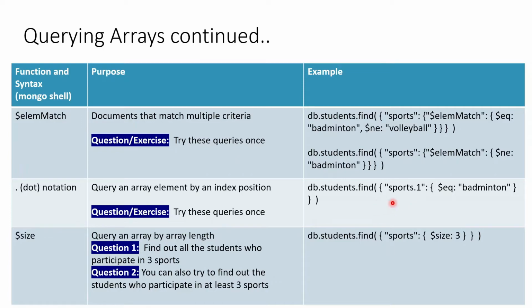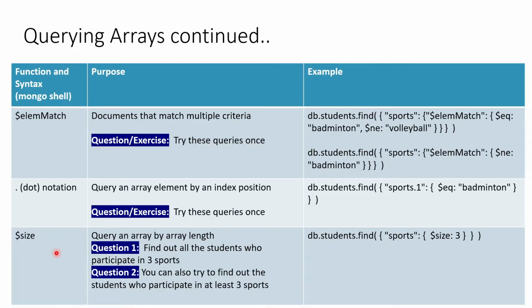In this case it may not make much sense to you, but in cases where we have stored the data in some ordering and want to know that on the 10th position of that array this value should come, like the month should be October or November at the 10th position of an array, likewise we can do that. And in the same way, we want to find the students who have opted for three sports.